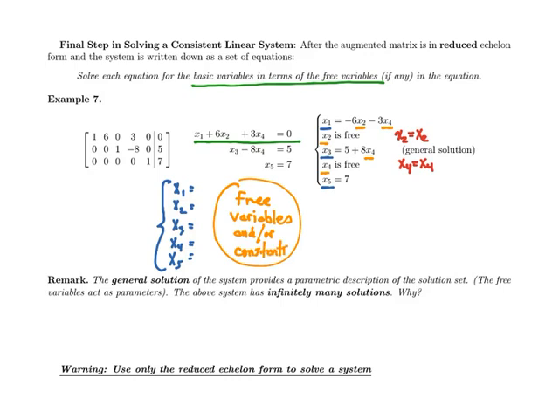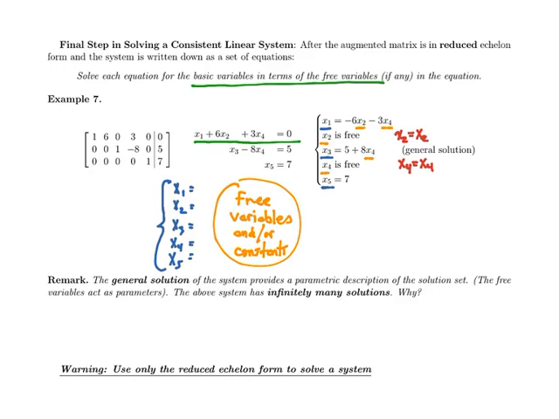So you're going to write all the variables in terms of the free variables and or constants. x1 is negative 6x2 minus 3x4. x2 is equal to x2, free variable. x3 is 5 plus 8x4, free variable. x4 is equal to x4, free variable. x5 is equal to 7, no free variable, but just a constant.